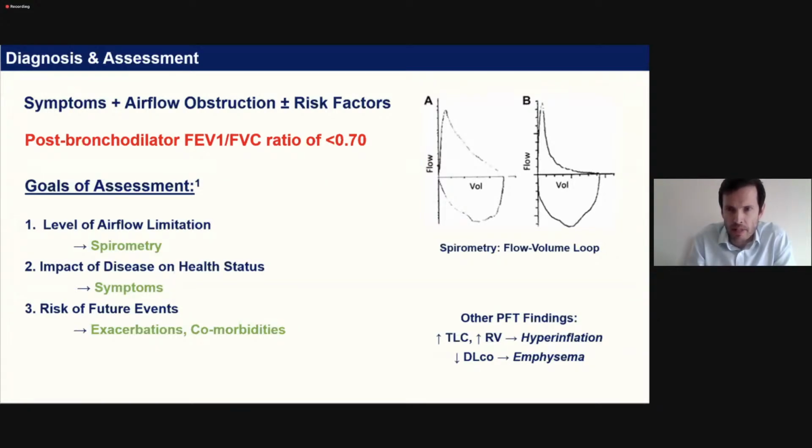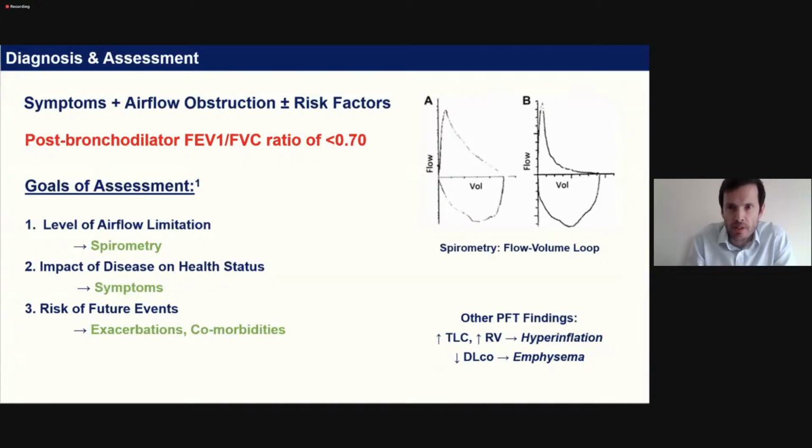As many of you may know, GOLD publishes a yearly report with evidence-based recommendations based on the most recent up-to-date published research in the area of COPD. For the purposes of clarity, I will make reference to these guidelines throughout the presentation.